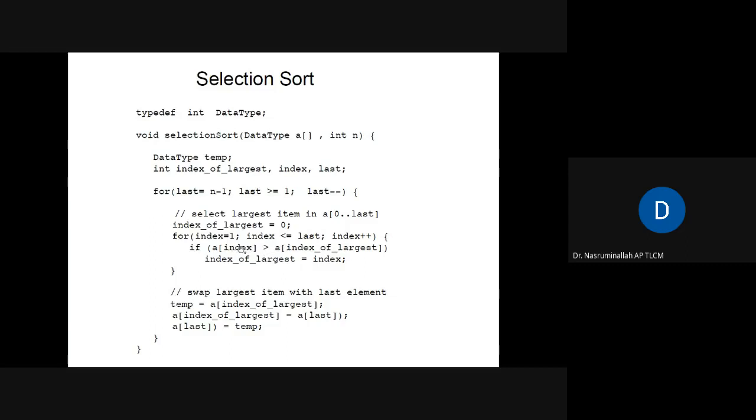Whenever this condition becomes true, the index will contain the index of the largest element. After the end of this loop, index underscore of underscore largest will contain the index of the largest element among the list of elements that we have considered, and that indexed element will be swapped with the last element, and we will keep on doing this till the condition last is greater than or equal to 1 becomes false.